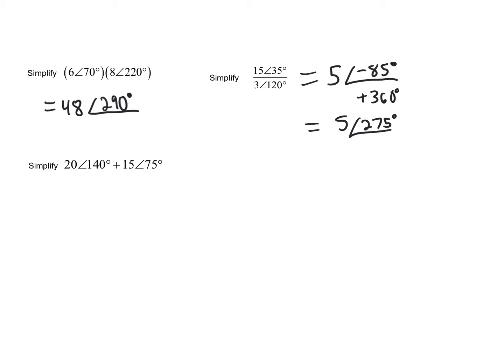When it comes to adding or subtracting polar form, there's a couple ways you can do it. The book often will show you to draw them out, draw the triangle, use sine law and cosine law. The other option is to break it down into your x and y components, add them, and then convert it back to polar. The easiest way to break it down into components is just to put this into trig form.